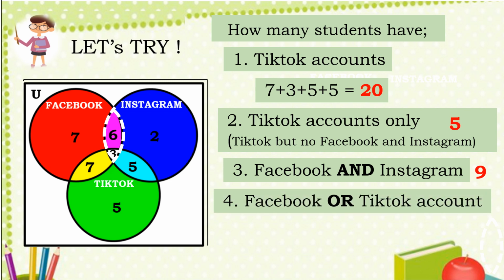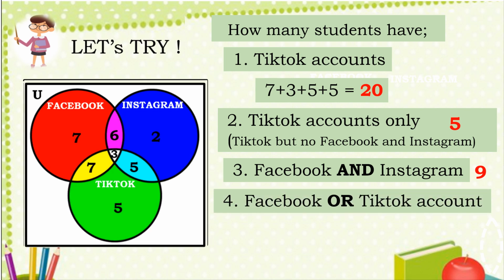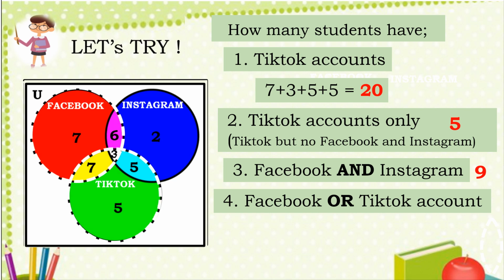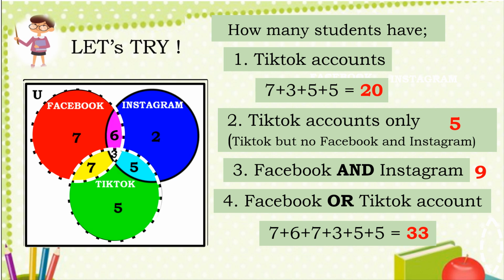Next, Facebook or TikTok accounts. Or is for union. So, we are referring to this part. Add those cardinal numbers. 7 plus 6 plus 7 plus 3 plus 5 plus 5 equals 33.